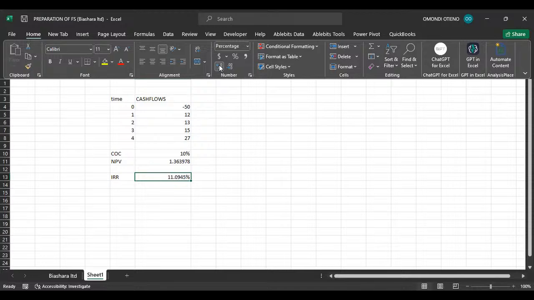If you decrease that decimals, you are seeing 11.095 as the internal rate of return given by Excel. Ours was 11.188 or something like that. Excel figure is 11.09. Which figure will you tend to trust more?